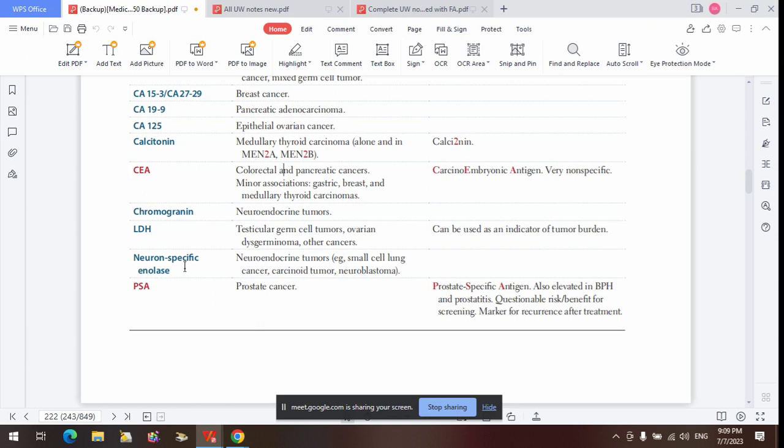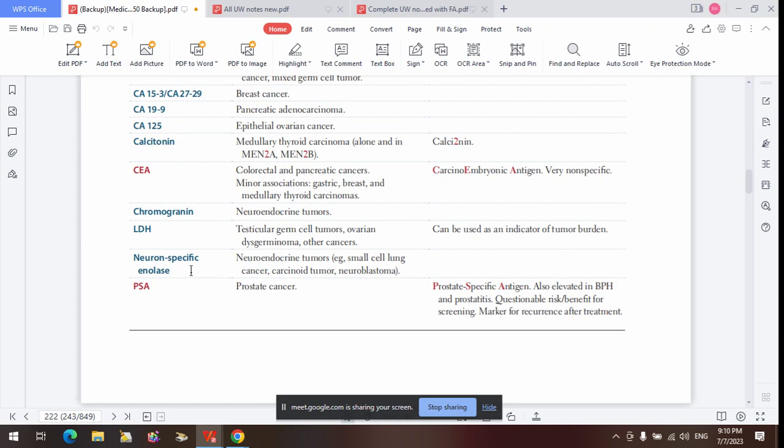Neuron-specific enolase is just like chromogranin, but it is very specific for three tumors. You can get it from the name NSE: you just add the C in your head. The C is carcinoid tumor. The N is neuroblastoma, and the S is small cell carcinoma of the lung.